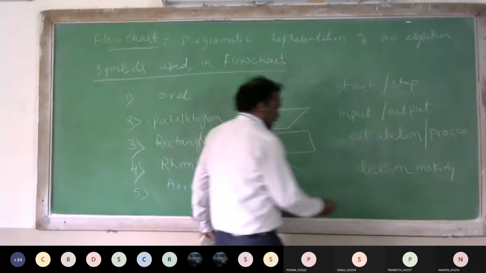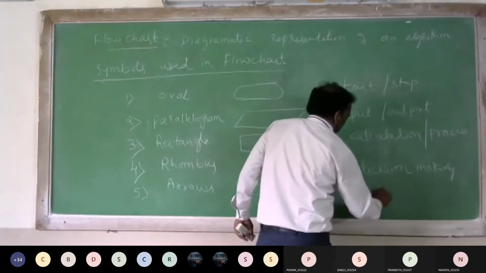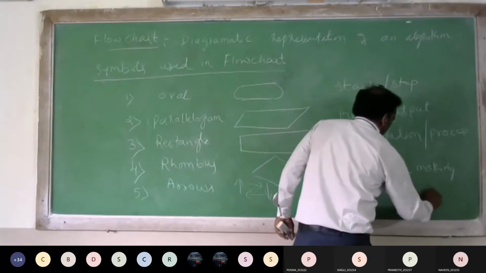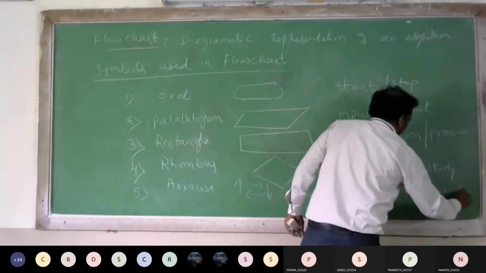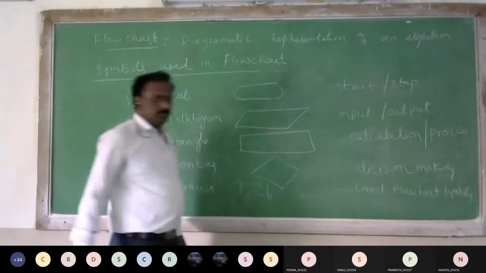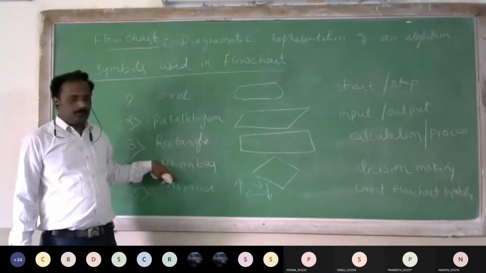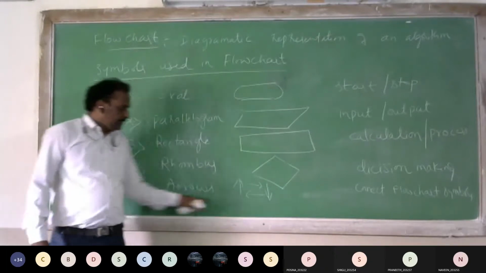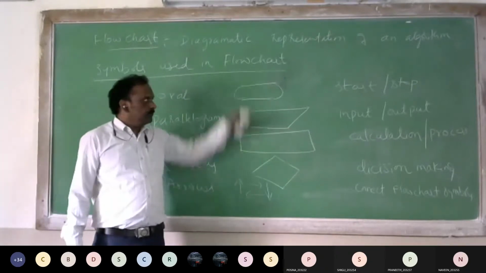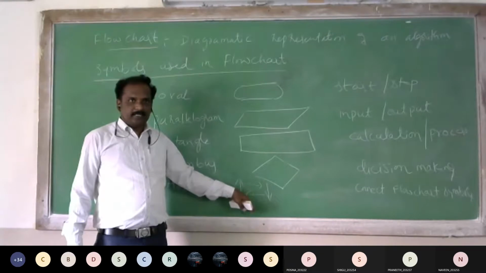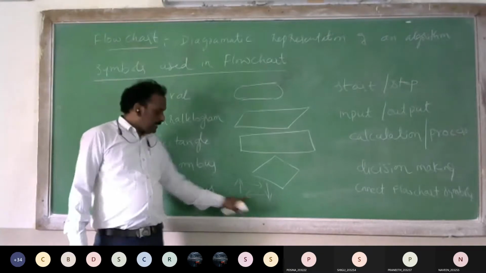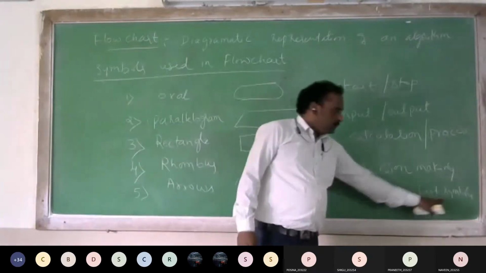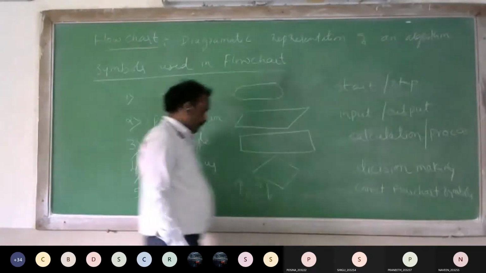Arrows are used to connect the flowchart symbols, to indicate the flow, to indicate the steps, how the flow of the process takes place to solve the problem. The fifth symbol is arrows. Arrows are used to connect flowchart symbols.